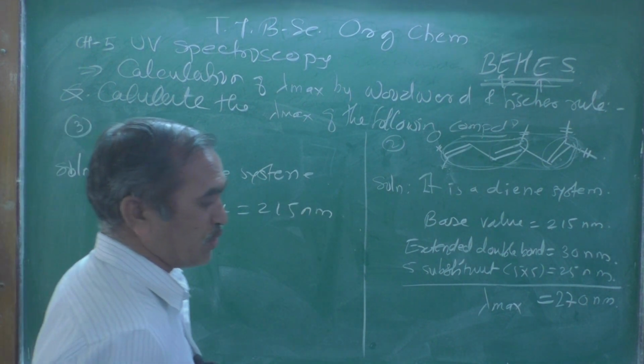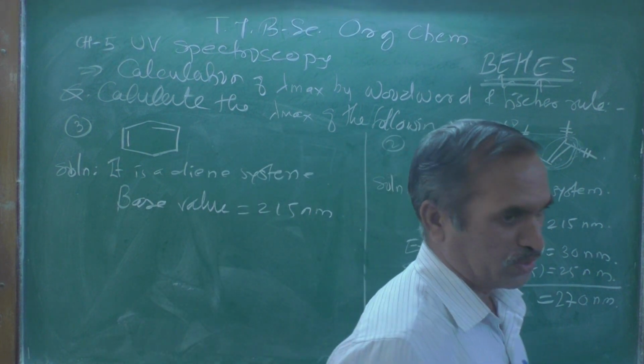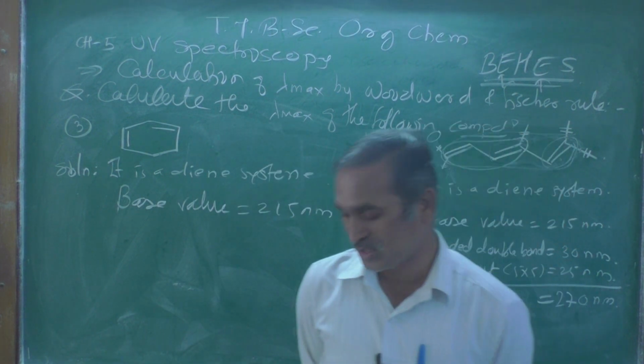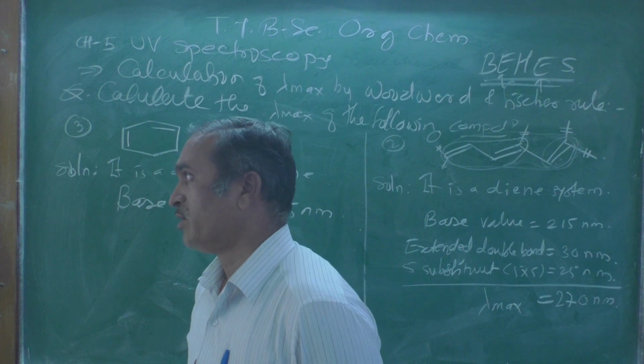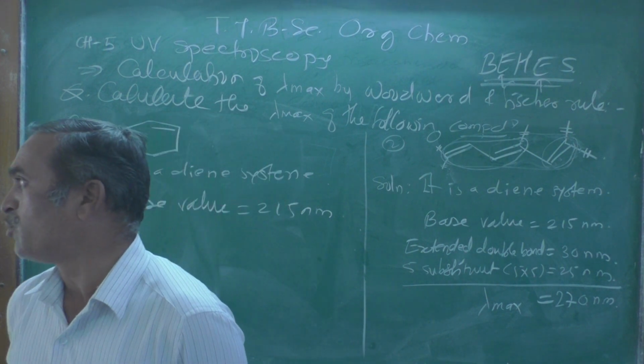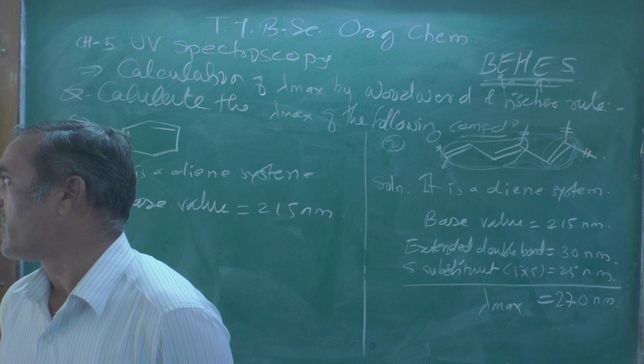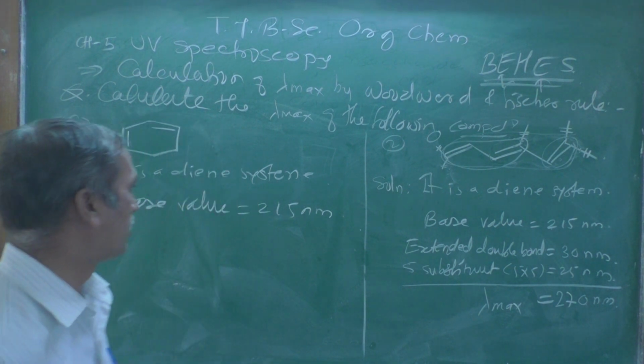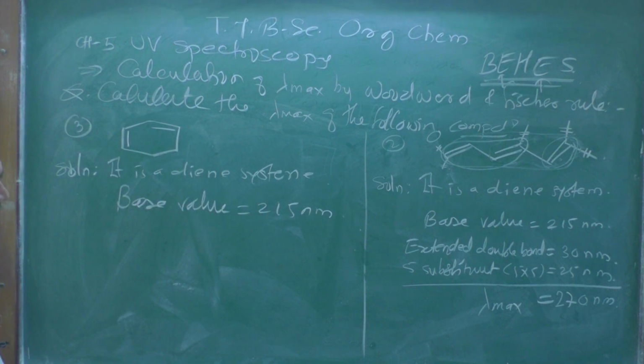Nanometer is a unit of wavelength. We know that 1 nanometer is nothing but 1 into 10 raised to minus 9 meter. Okay, base value is 215 nanometer.